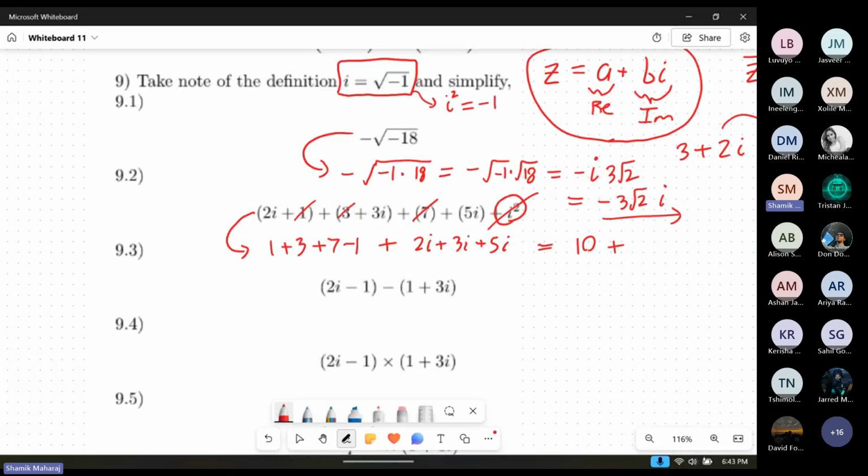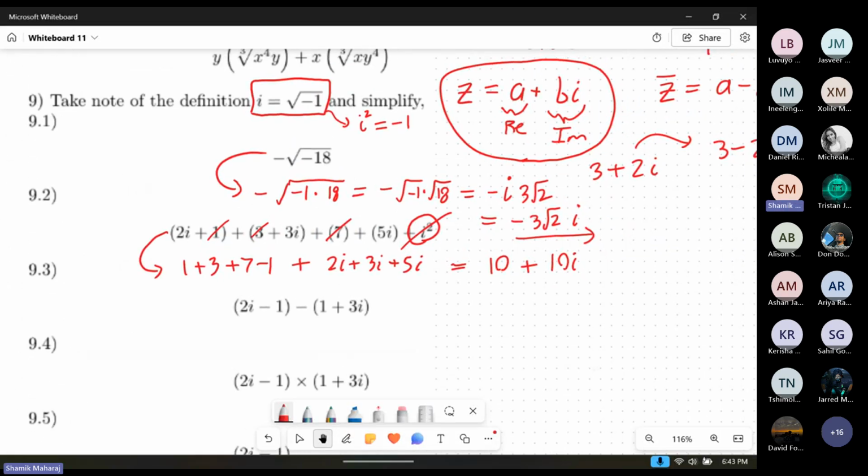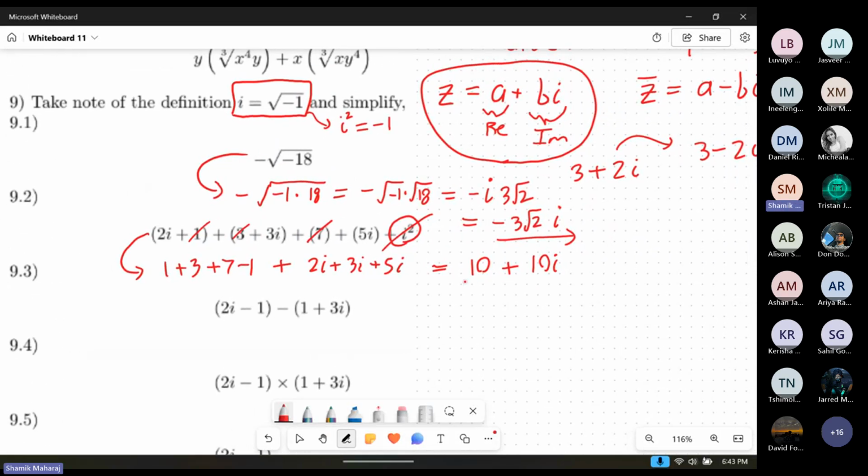And you'll end up getting 10 as well, 10i. So generally with these, you always want to end up with a form that is a plus bi, something real plus something imaginary. So we've reached that point here and we're happy with it. In fact, above, we've also reached that point. It's just that the real part was 0 here. That's okay. It's still the same form, a plus bi.